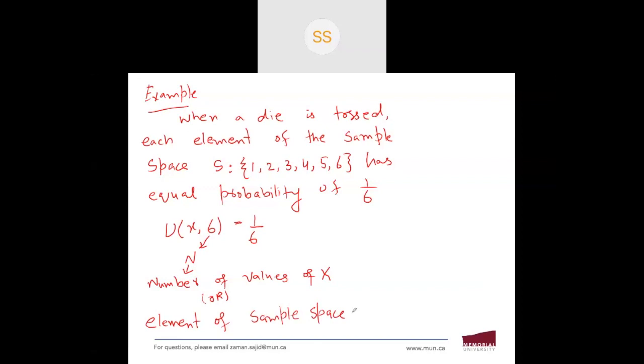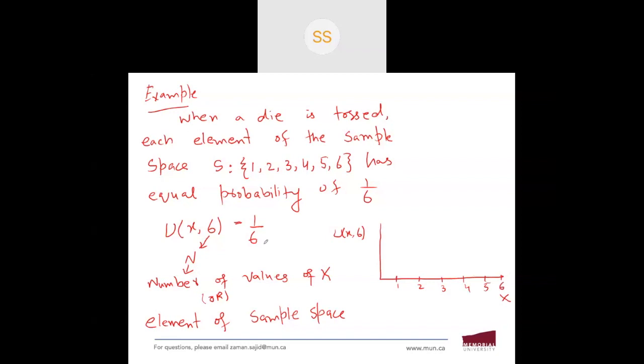Okay. Now, how do we draw this uniform distribution? We have the same graph as we were discussing before. We have the values of x here, and we have the probability. Now, in terms of the uniform distribution, we will have it as U(x; 6). So for example, this is my 1. I'm doing it for this example that we did for the die. We have 2, 3, 4, 5, and 6.